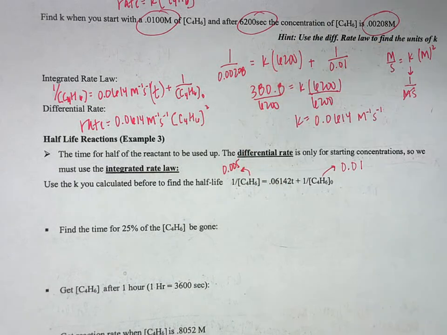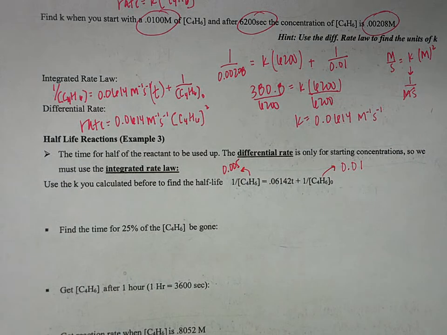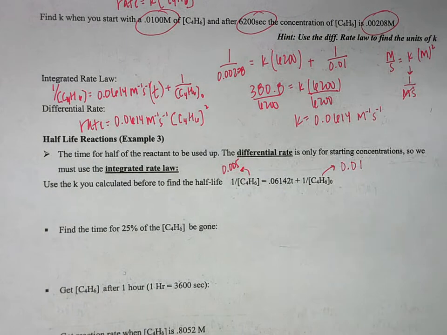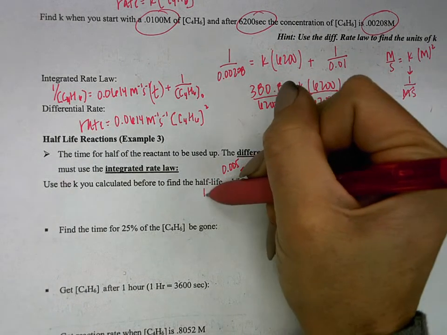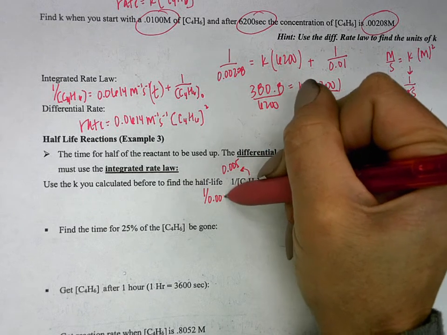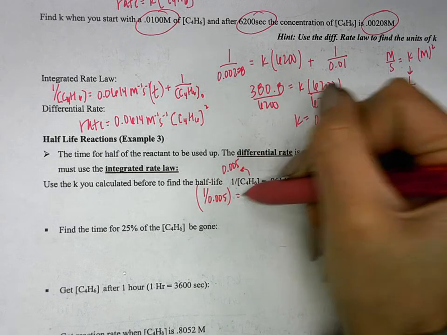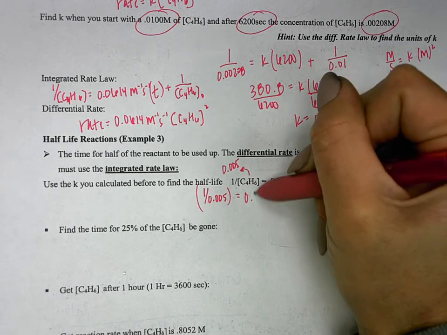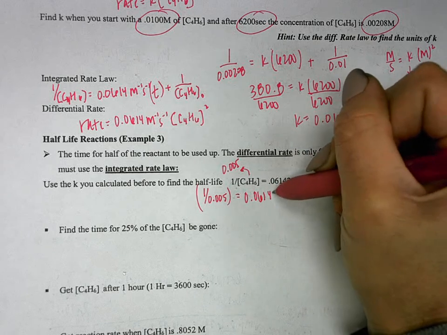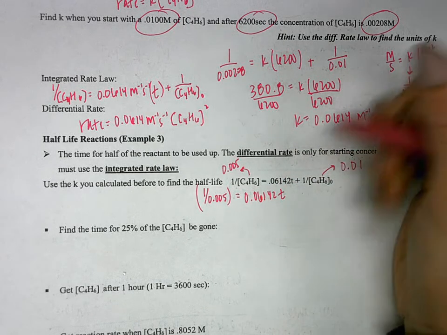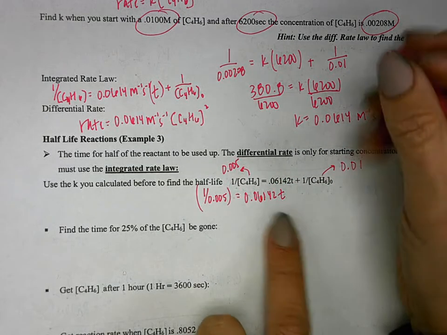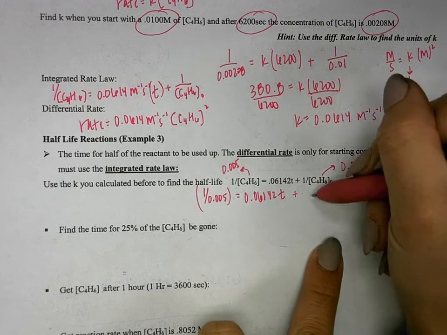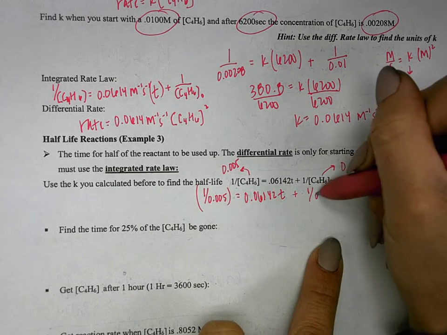So those are two values we're going to plug in to find our time. So I have 1 over 0.005 equals 0.0614 times my time plus 1 over 0.01, that initial amount.